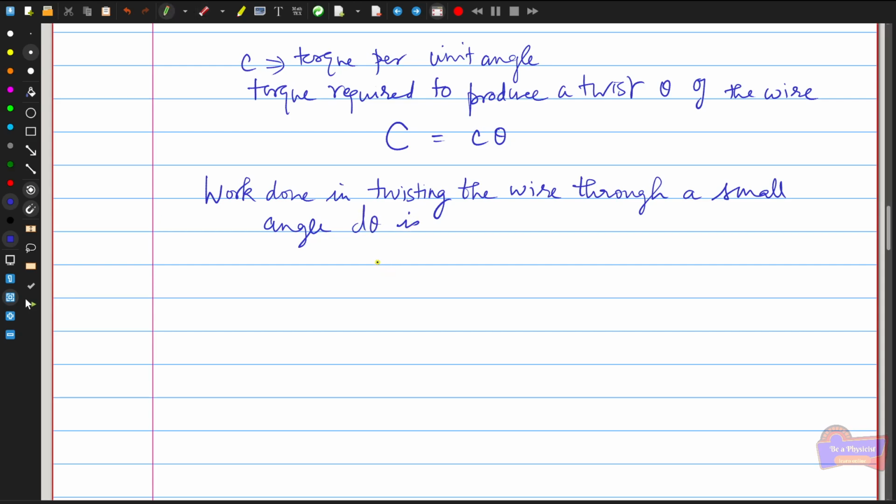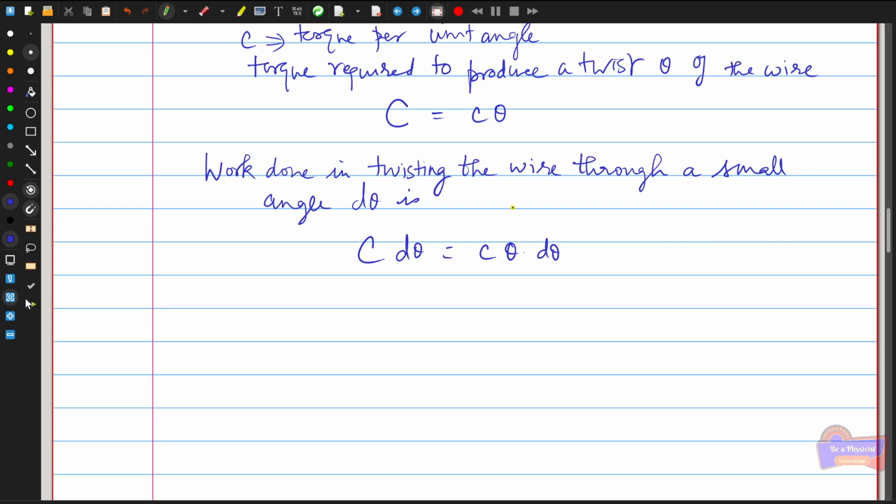We multiply d theta on both sides: C theta times d theta, which is equal to small c theta d theta. This is the work done required to twist the wire through a small angle d theta.